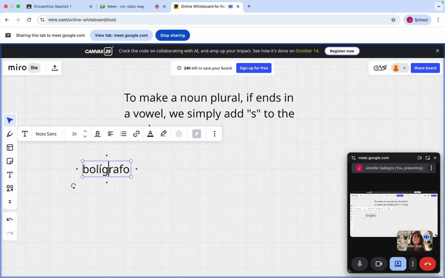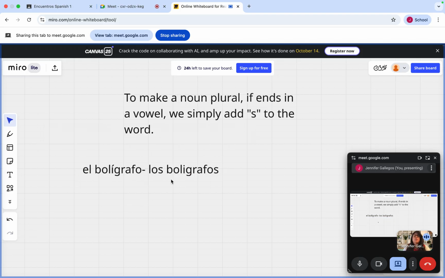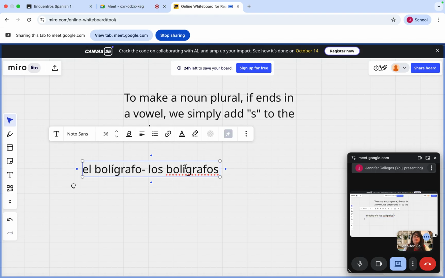So instead of saying the pen, el bolígrafo, we can make it plural simply by adding the plural masculine article and we will change it to los bolígrafos. Okay, los bolígrafos. So we need to put the tilde on the I. Bien. So, el bolígrafo, los bolígrafos.